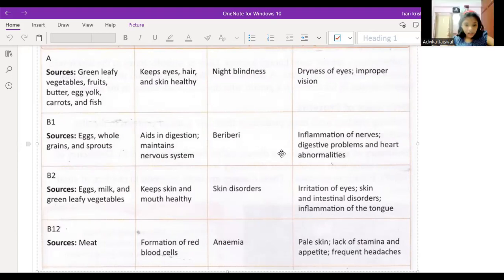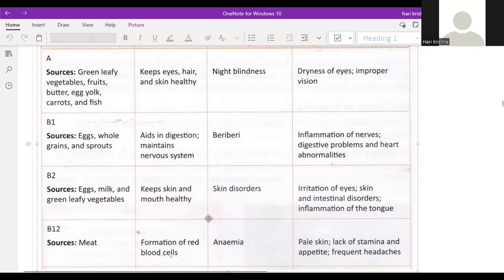The deficiency symptoms are anemia, pale skin, lack of stamina, loss of appetite, frequent headaches. So vitamin B12 is very important because it helps in the formation of red blood cells.